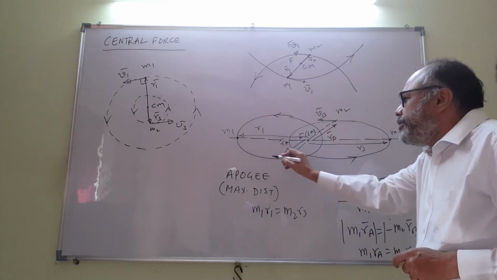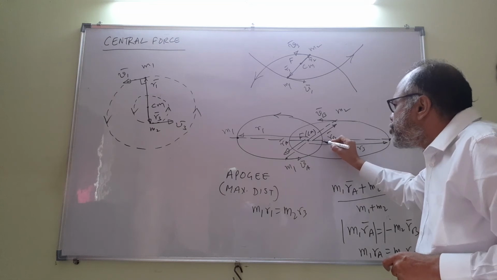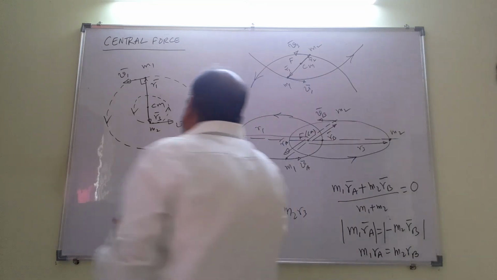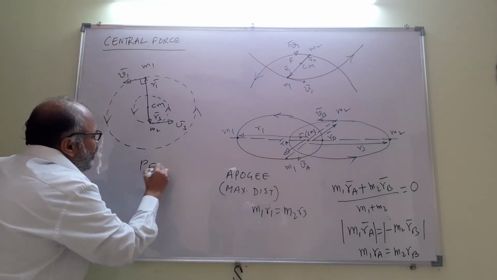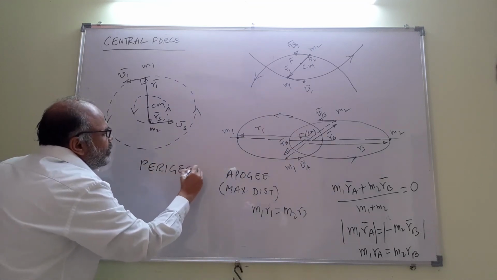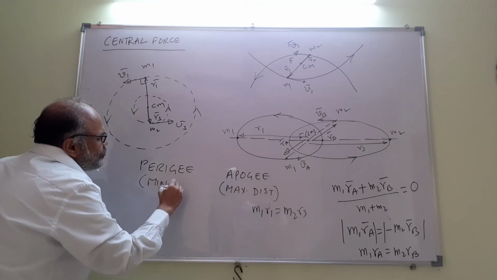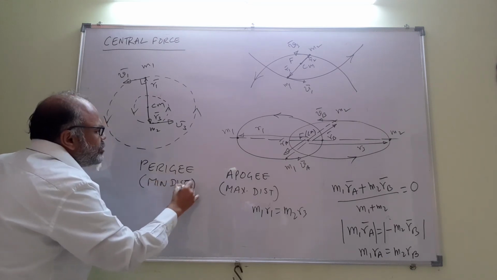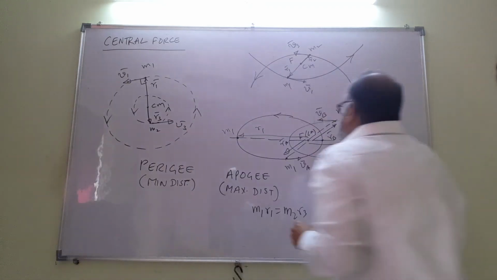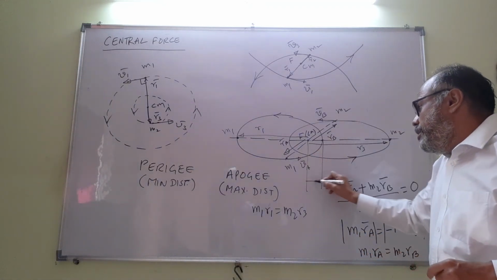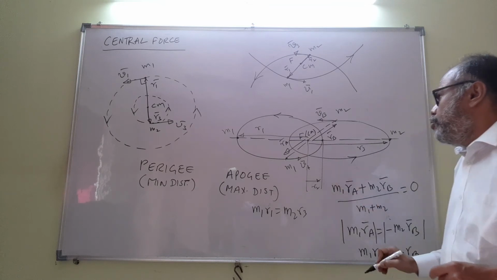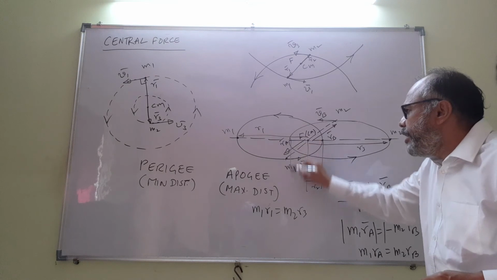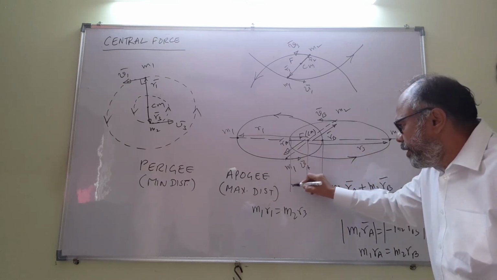Now when this particle moves and comes to the nearest position, that is called the perigee position. Perigee is the minimum distance. If I call that R2, M1 is at R2 and M2 is at R4.